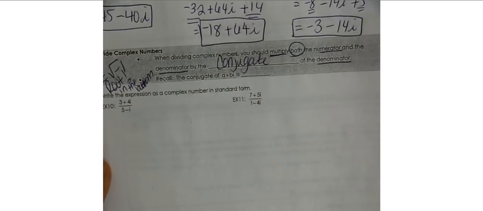So for example, if you have a plus the square root of b, the conjugate was a minus the square root of b, so now it's going to be a minus b times i. So the conjugate is going to be the exact same structure. The only difference is that one's going to have a plus and the other is going to have a minus.